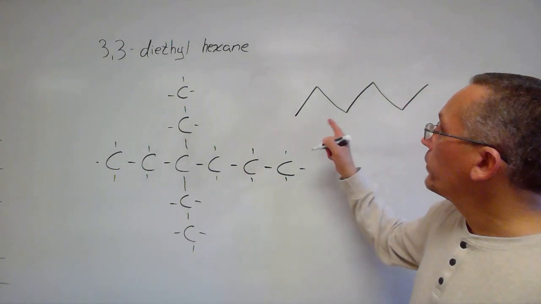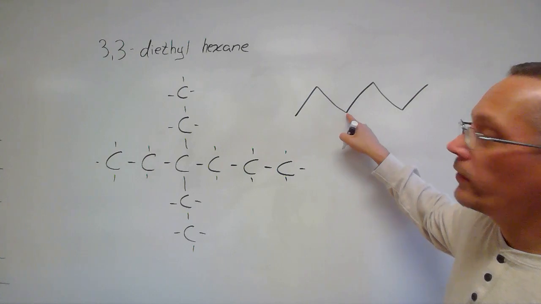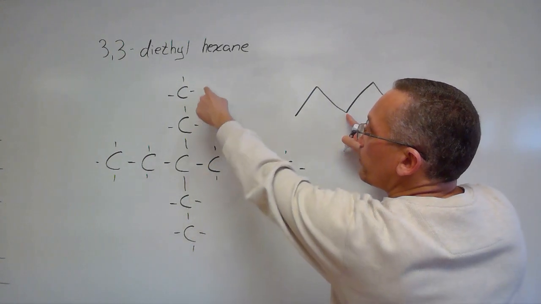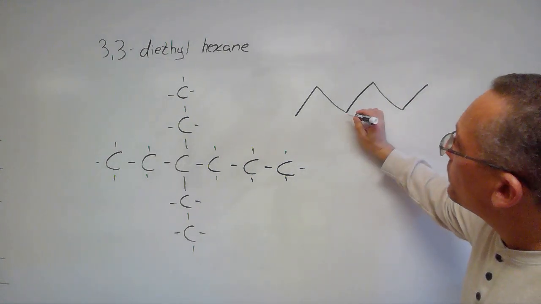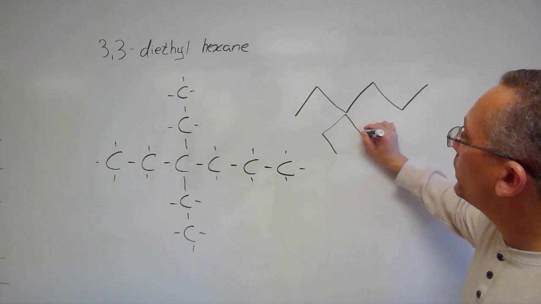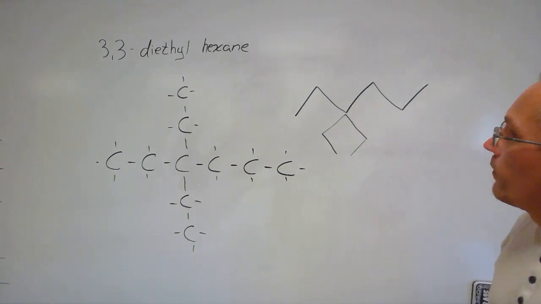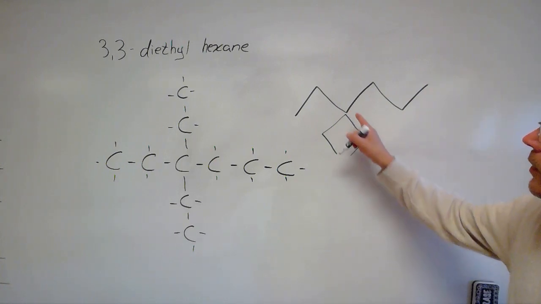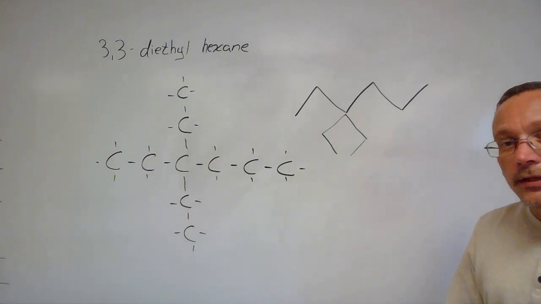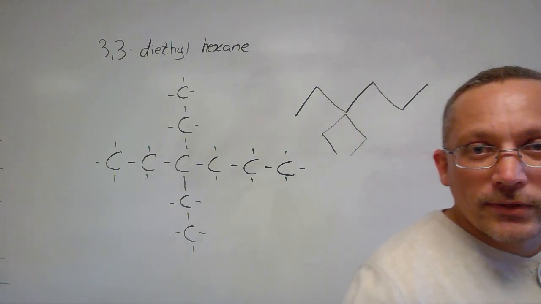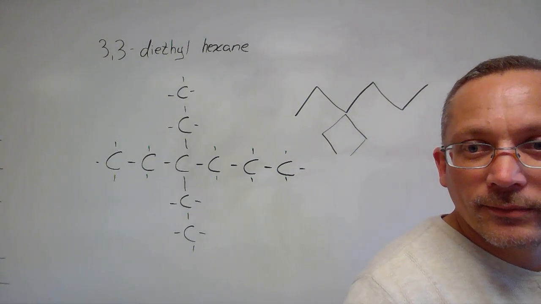And then from carbon number 3, 1, 2, 3, right here, I need an ethyl branch going off and another ethyl branch going off. So let me draw something like this. Like this, perhaps. Okay. So here's one ethyl branch, and here's another ethyl branch coming off of carbon number 3. So there is a skeletal structure for this one. There's 3,3-diethylhexane.